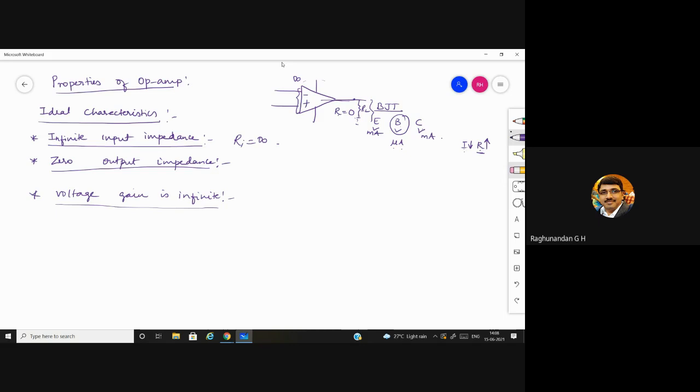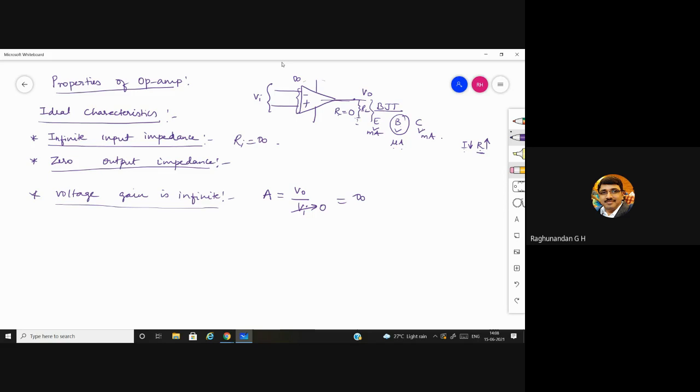If you take Vi and this is V out, the gain is V naught by Vi always. So if the input is zero, what will be the gain? Infinity.